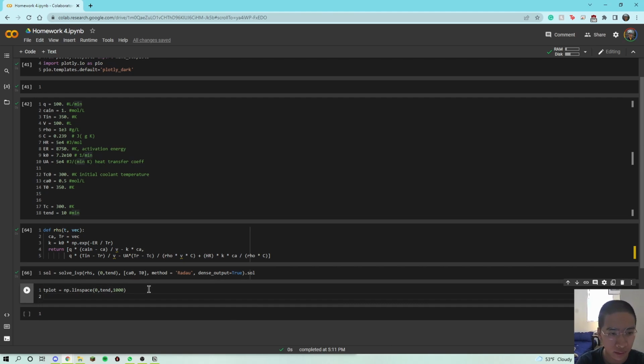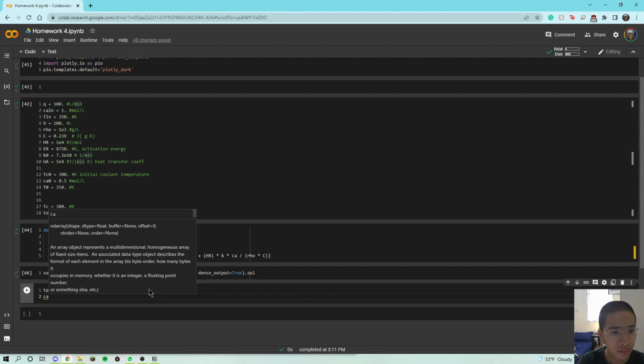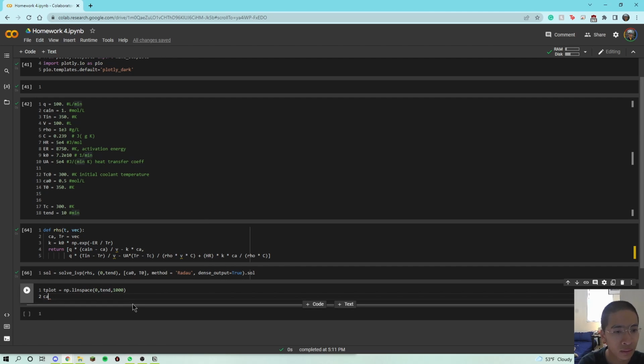Then we say that CA and T equals solution of t_plot.